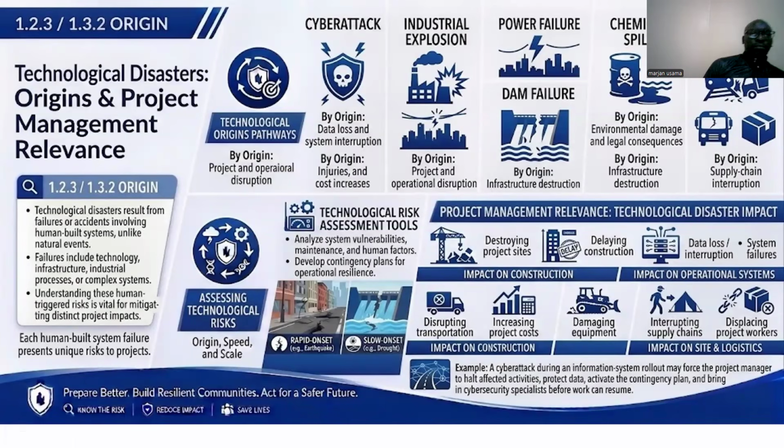Some of these technological disasters are human made. It is because of human mistakes. It is the opposite of the first one, which is natural. So this one is human made. Transportation accident is human made. It is not natural.